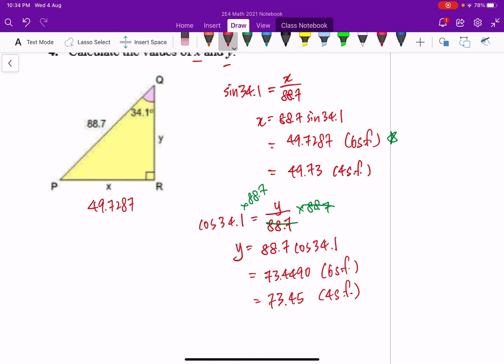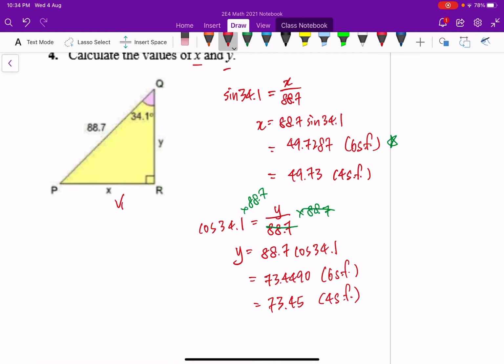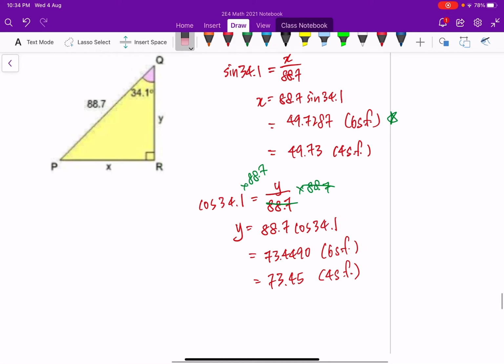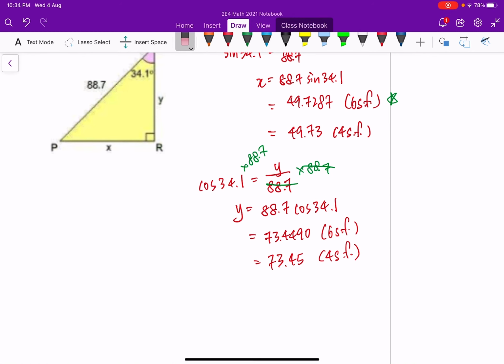However, I would not recommend you to use either of the other two methods that I just mentioned, because it relies on your answer for x. You have to make sure that your calculation for x is correct. Otherwise, for such questions there will be no error carried forward, and if you make a mistake for x, your y will automatically be wrong.